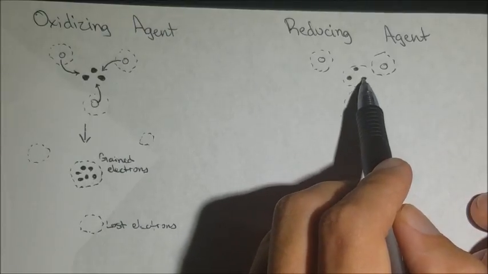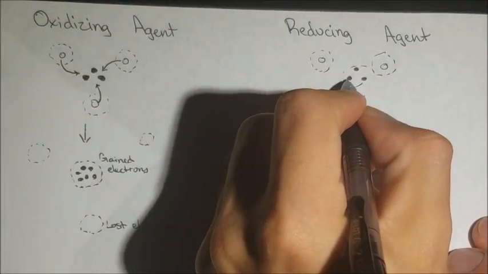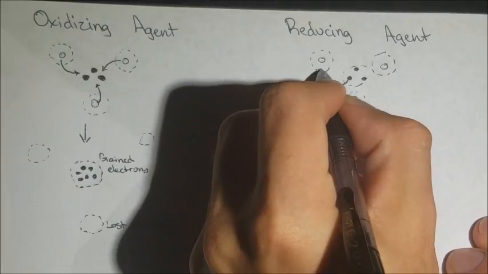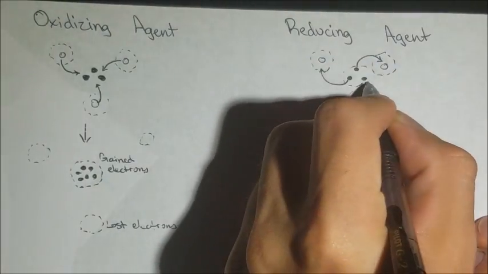And so here we've got three electrons that are on the reducing agent. So by saying that we're reducing something, we're saying we want to reduce the surroundings. So by reducing the surroundings, that means the surroundings are now going to acquire electrons or gain electrons. So these electrons here from the reducing agent are going to reduce the surroundings.